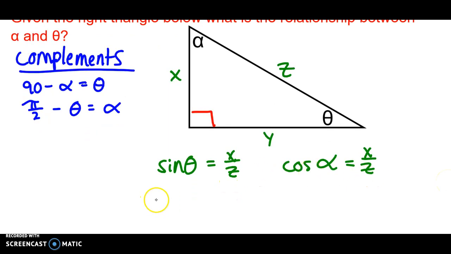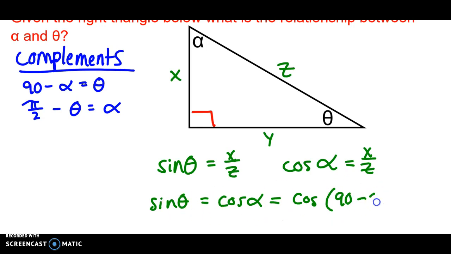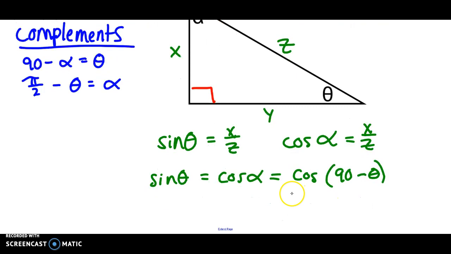Well, notice that these are the same. The sine of theta is the same as the cosine of alpha, which is, by the way, the cosine of 90 degrees minus theta, if I'm talking about degrees. Or in terms of radians, that's pi over 2 minus theta. Just a quick proof for you.